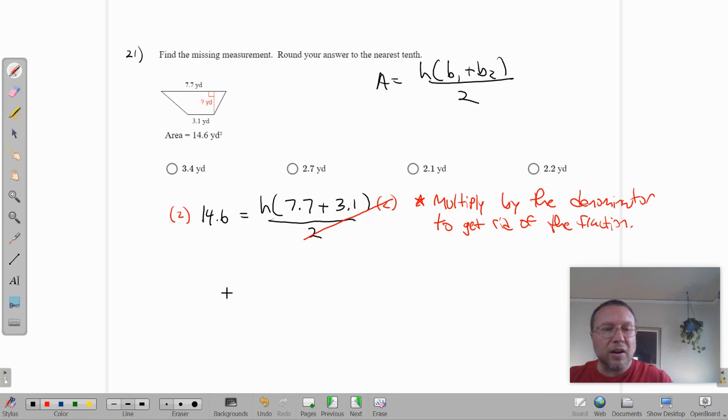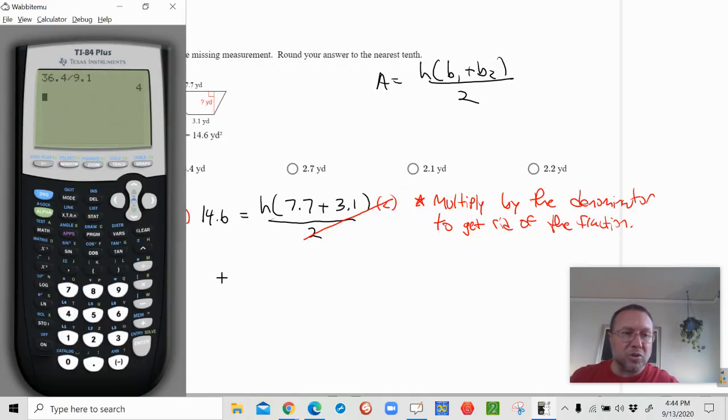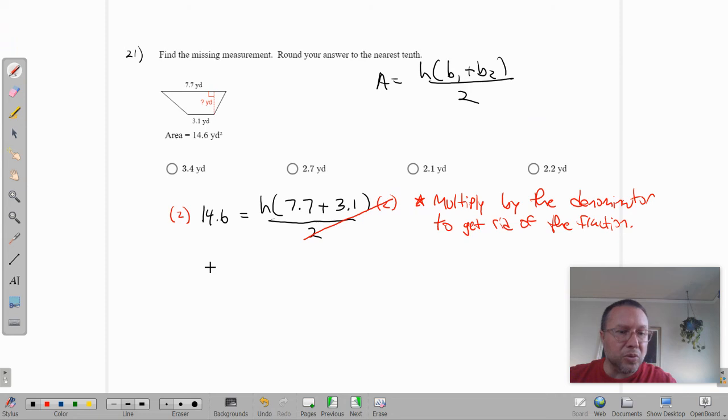So let's do 14.6 times 2. That gives 29.2. And then that equals h times, let's go ahead and combine that: 7.7 plus 3.1 would be 10.8.